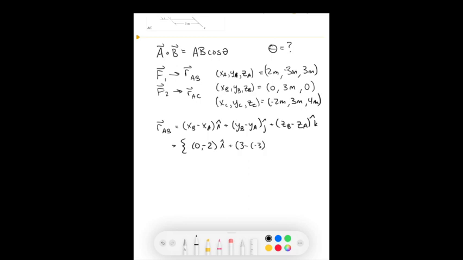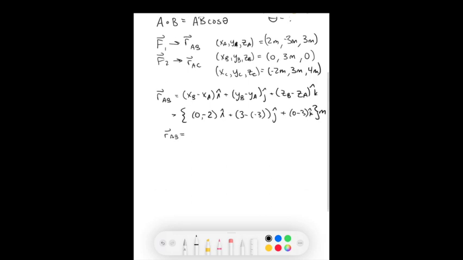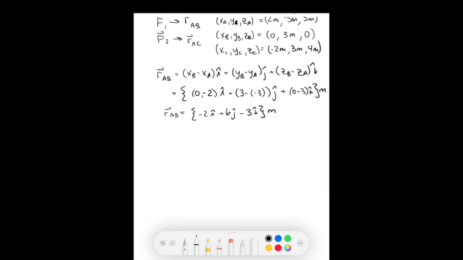Here we have 3 minus a negative 3, so that's going to be a positive. And then 0 minus 3. Again, don't forget to have units, in this case, meters. So we know that the directional vector from A to B is negative 2 in the x direction, 6 in the y direction, negative 3 in the z direction, meters.